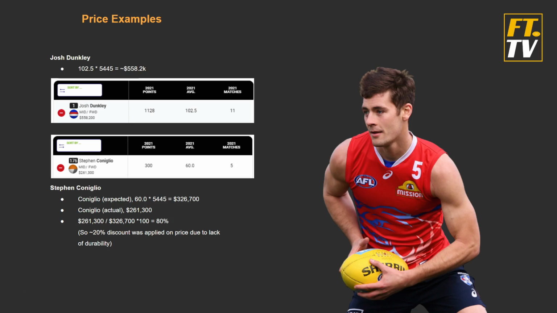So I've done one method there. Another way you can do it is to do the price divided by the magic number to see the average that they're priced at. So 261,000, which is his actual price, divided by the magic number equals him being priced at the equivalent of a 48 average.